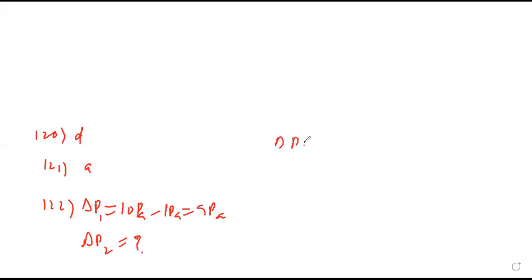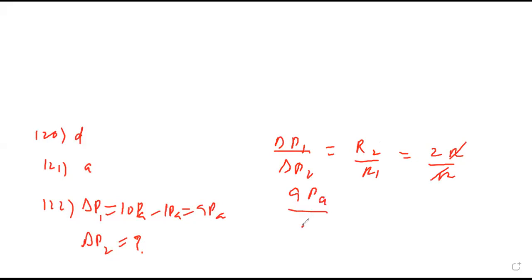So excess pressure is inversely proportional to the radii. First radius is R, second is given as 2R. So 9 times one upon 2 will become 4.5 Pa. First was 10 Pascal.